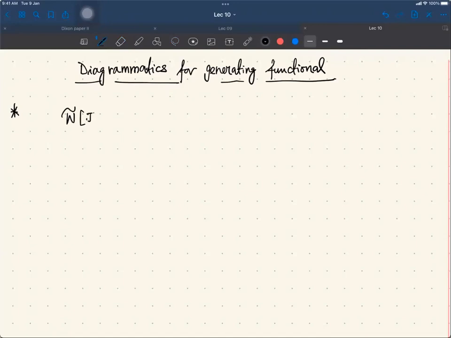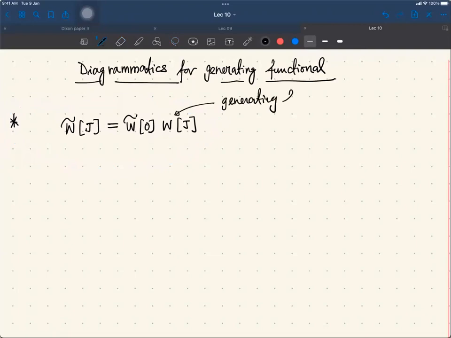So we write W tilde J as W tilde 0 times WJ, where WJ is the generating functional for Green's function.